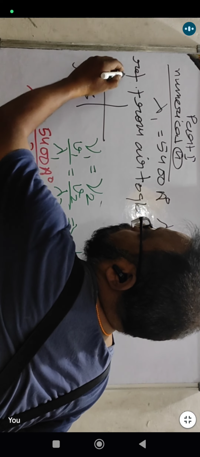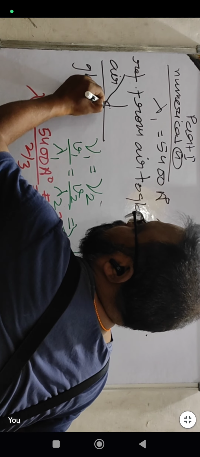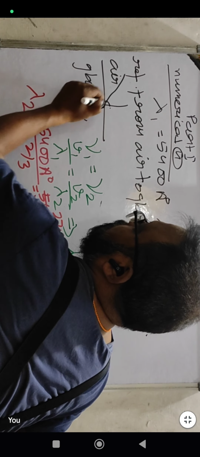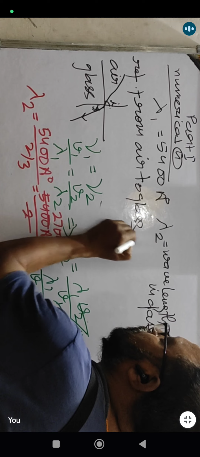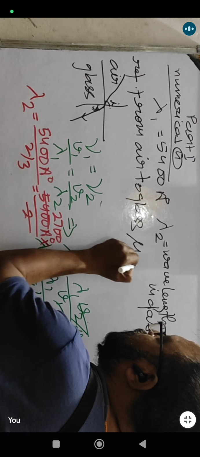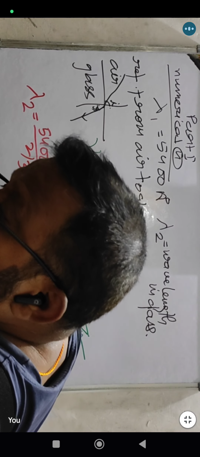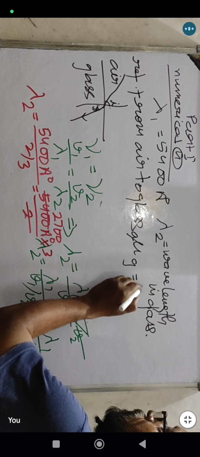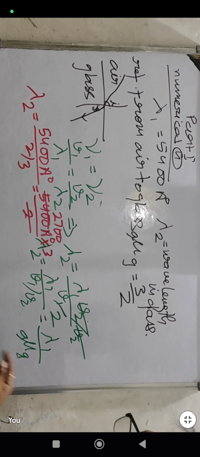This is the incident ray, and this is the refracted ray. This is angle i, this is angle r. So the refractive index of glass with reference to air is equal to 3 by 2.